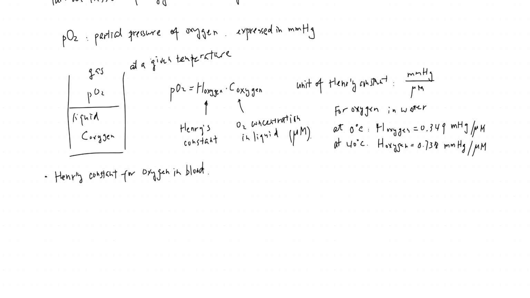At 37 degrees C, it is approximately 0.74 millimeter mercury per micromolar.